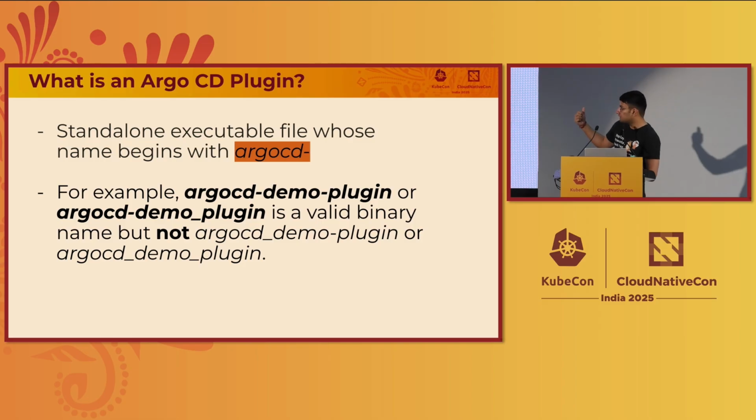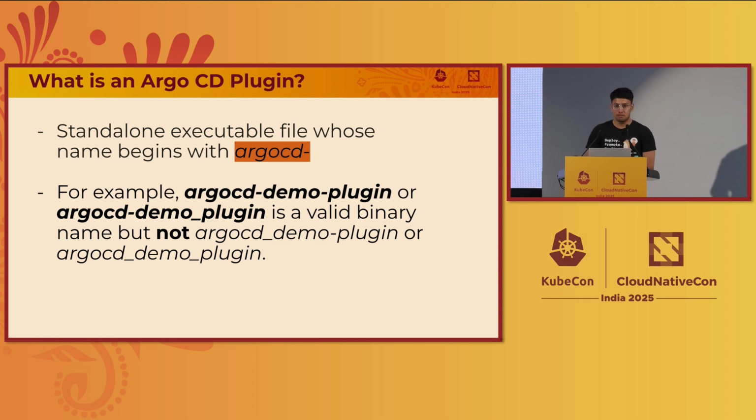So in this case, you have ArgoCD-demo-plugin, and demo-plugin is going to be a subcommand of ArgoCD. Now, if you go to the ArgoCD CLI, you will realize demo-plugin doesn't exist. So how does this demo-plugin become a subcommand? That's a part of this feature, right?